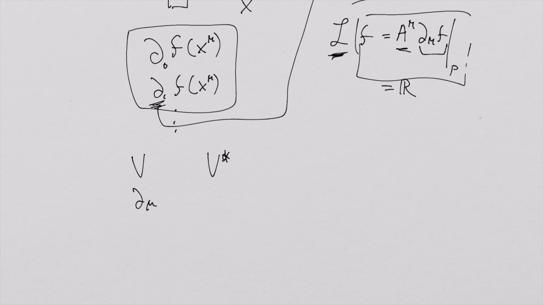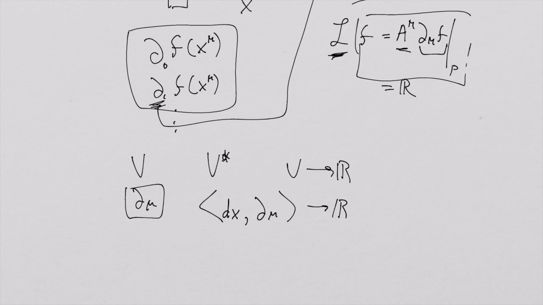The dual is a set of maps that take vectors from V and give you real numbers. So I need something that will take a differential operator and give me a real number. I'm looking for an object that takes a differential operator and yields a real number.